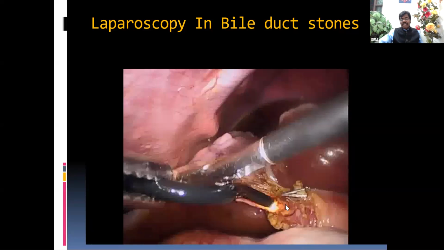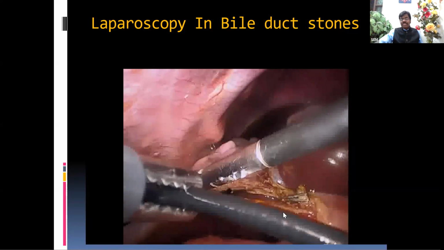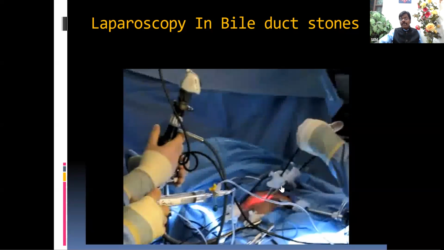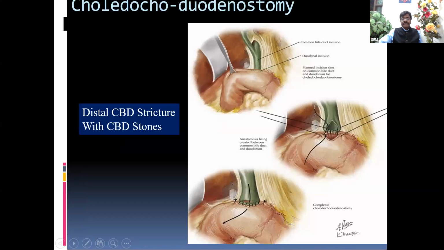So even deep inside the bile duct, through a flexible choledocoscopy while you are doing a laparoscopy and a peroperative cholangiogram. Okay. Sometimes we also do a procedure, anastomosis of the bile duct to the duodenum, a bypass procedure, especially when there is a stricture of the lower end of the bile duct. Then I can do a procedure called choledochoduodenostomy.